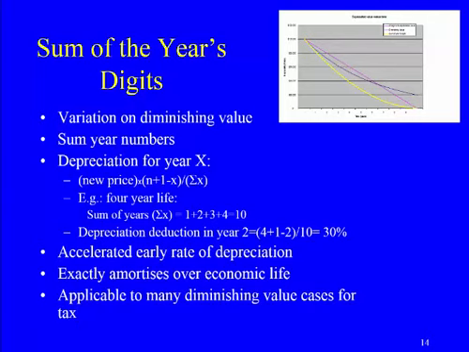As a result, the sum of the year's digits is attractive as applicable to many situations which for taxation purposes might use the diminishing value approach. However, the intention, and it's arguably the case, is that the asset has a close enough to zero resale value or salvage value at the end of its economic life.